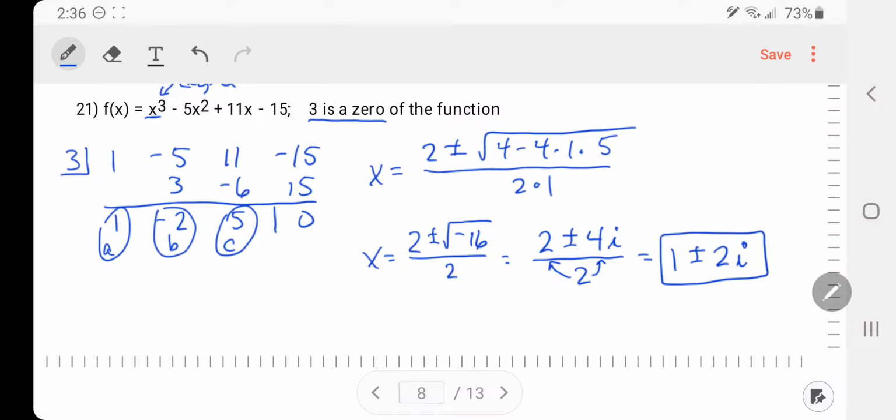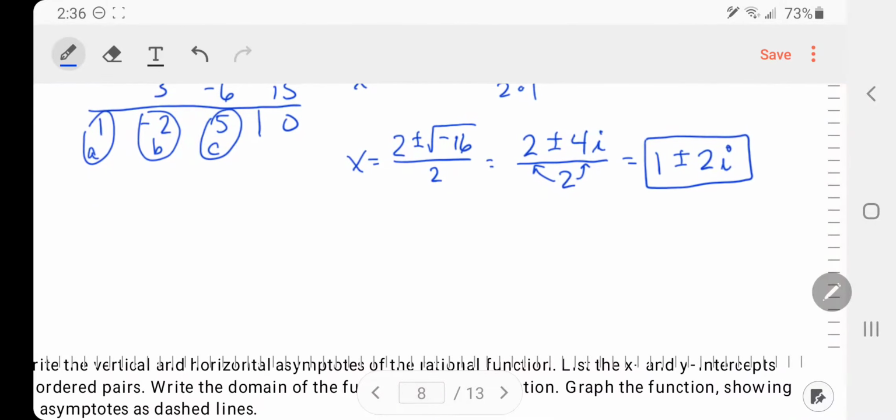There you go. Those are the other two zeros. What, you don't see them? Okay, it's 1 plus 2i and 1 minus 2i. 1, 2. Those are the other two zeros in standard form, okay? But I'll accept the plus or minus answer.